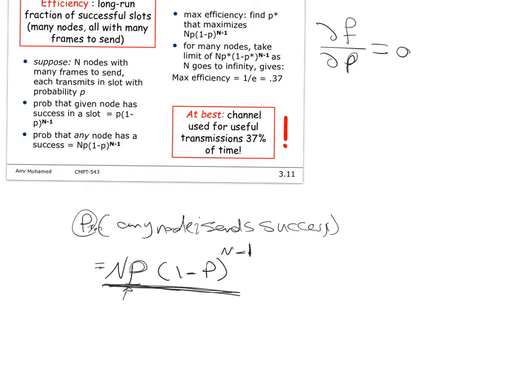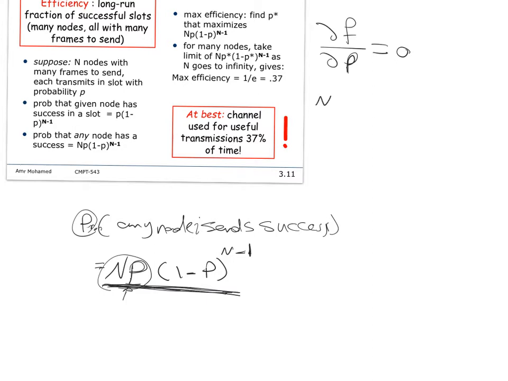The derivative of this is basically the derivative of the first function multiplied by the second, plus the first multiplied by the derivative of the second. These are two functions multiplied together. What is the derivative of np?